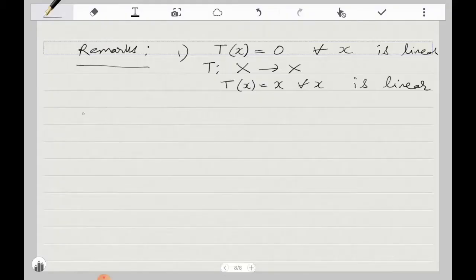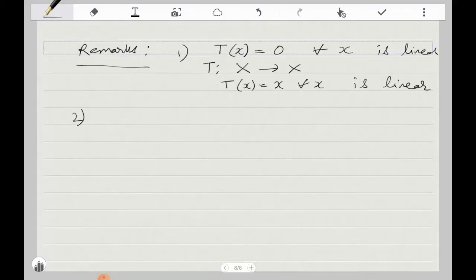Two, this is a useful thing to know. The second one is that a linear transformation is completely determined by what it does to a basis.